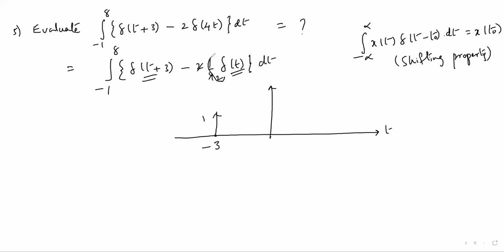Amplitude is 1 by 2, of course minus here, finally minus 1 by 2. Del of t means at origin, minus 1 by 2. So if we observe, the integration he has given from minus 1 to 8. Observe the integration limits minus 1 to plus 8.